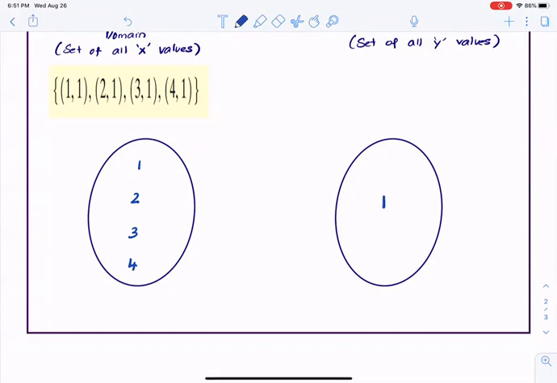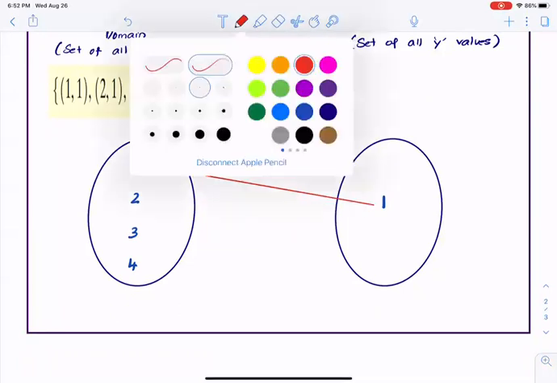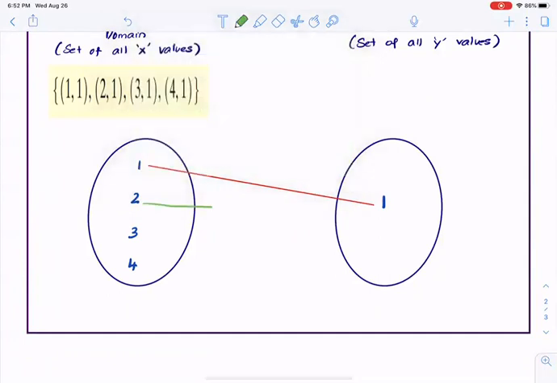So 1 is related to 1. 2 is related to 1. Maybe use a different color. 3 is related to 1. And 4 is related to 1.